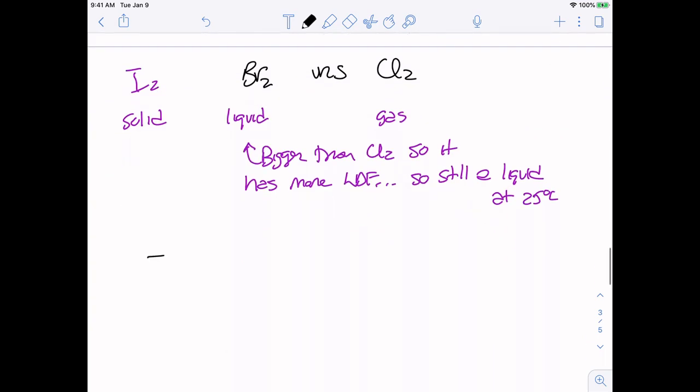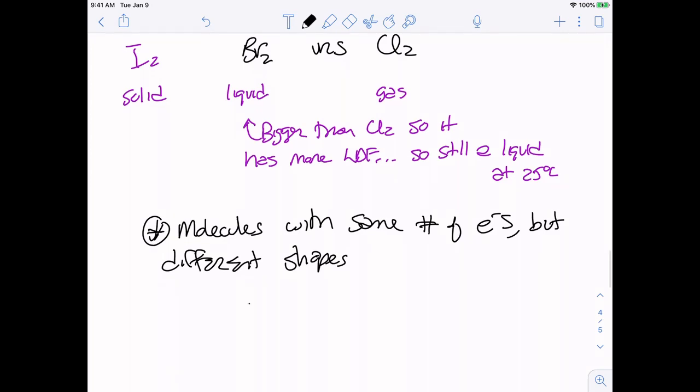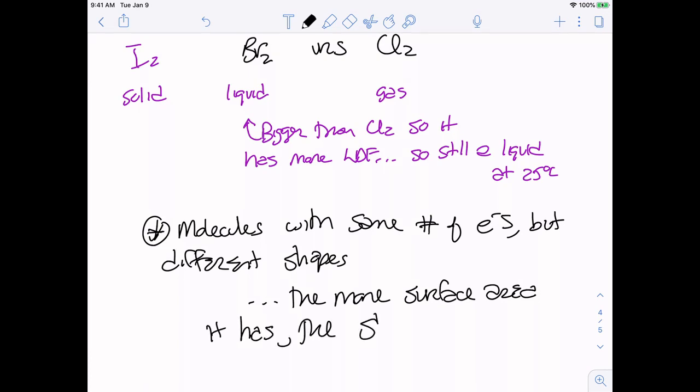The other trend we have is things that have the same size but different shapes. So molecules with the same number of electrons but different shapes, right? Different molecular geometries. The more surface area it has, the stronger the London dispersion forces.